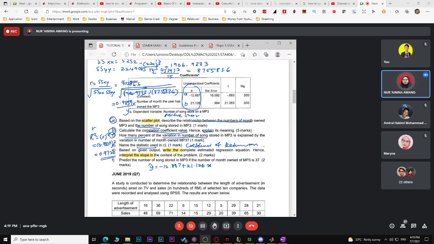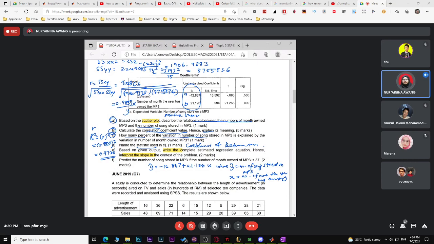And then don't forget to change your X and also your Y. Just substitute what is your X and also your Y. So if you are lazy to write it out, you just say where Y is equal to the number of songs stored on MP3, and then your X is the number of months the user has had the MP3.